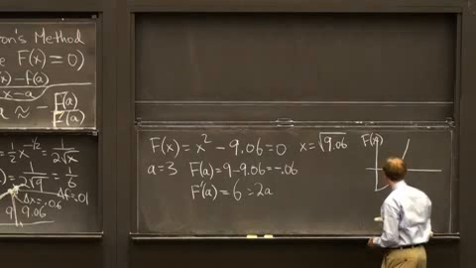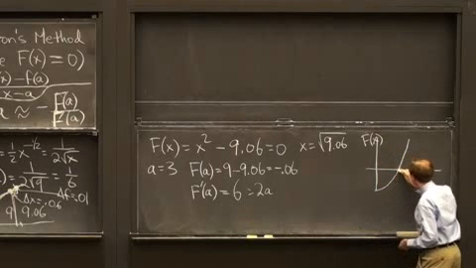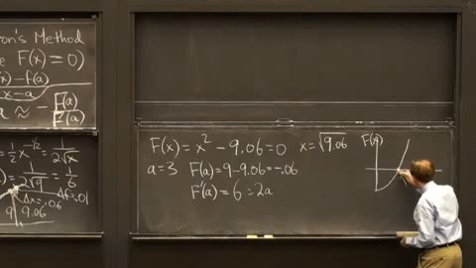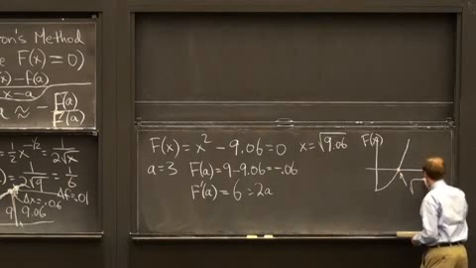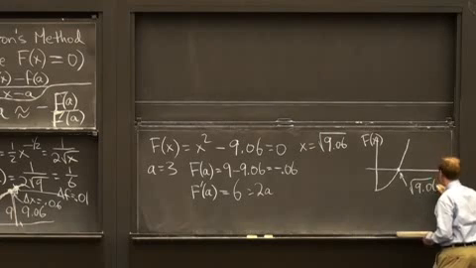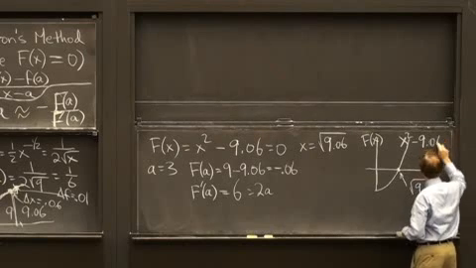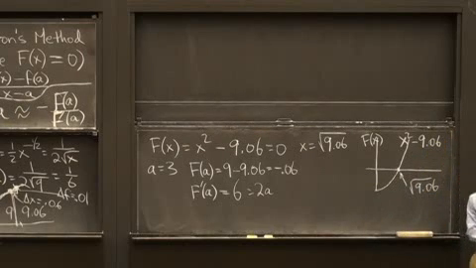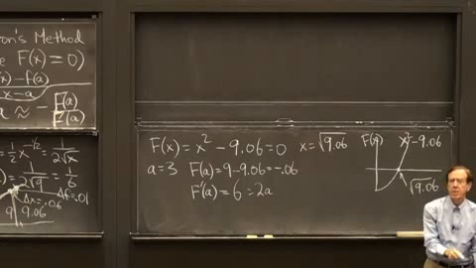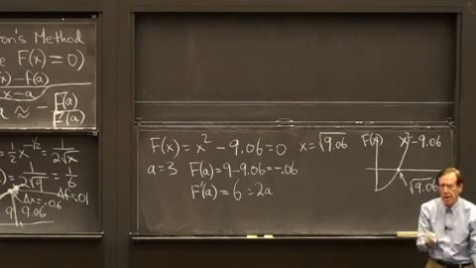This is the square root of 9.06. I've graphed the function x squared minus 9.06. That's the point I'd like to find.